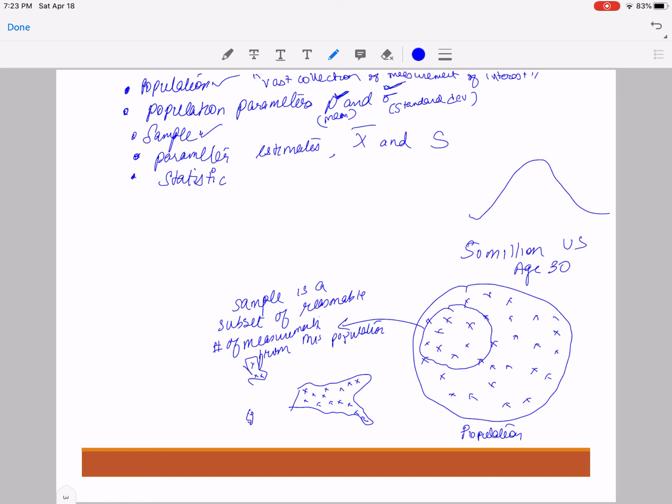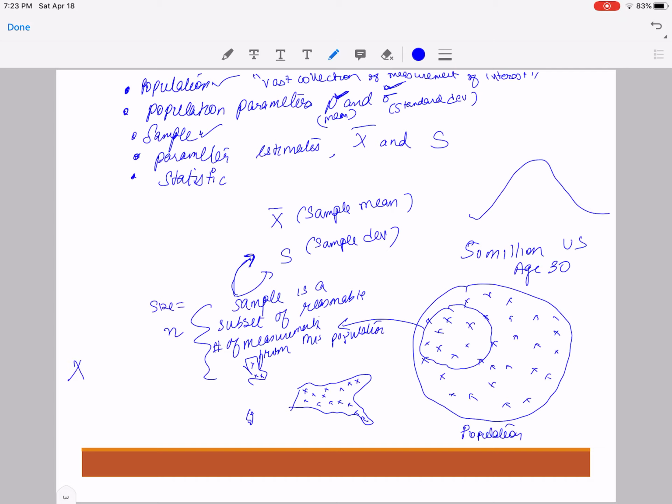Using the sample, I can generate some statistics, and those are X bar, which happens to be the sample mean, and I can also obtain S, which is sample standard deviation. Now let's say that I have a sample whose size is equal to n.